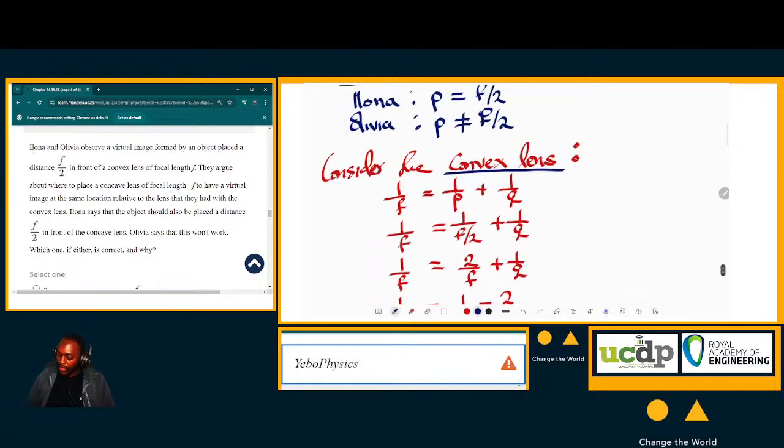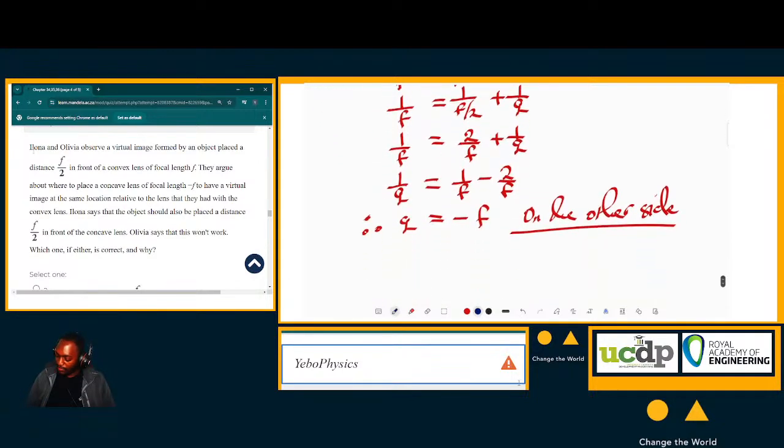Now, Ilona is arguing that for the concave lens, let's place the object at the same distance, which is f over 2. If this is true, then if we calculate for q, we should be able to get negative f.